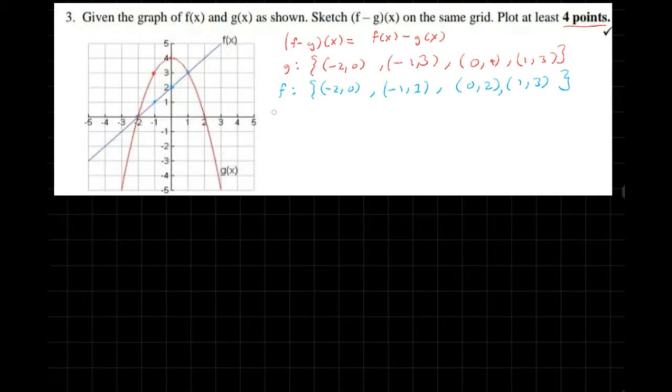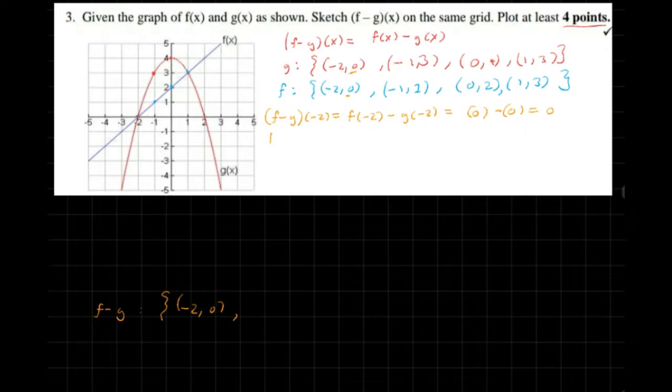So in this case, if I do f minus g of negative 2, that's f of negative 2 minus g of negative 2, which is basically, f of negative 2 is 0, g of negative 2 is also 0, which is 0, right? So if I'm looking at points on f minus g, I have negative 2 and 0 as well.